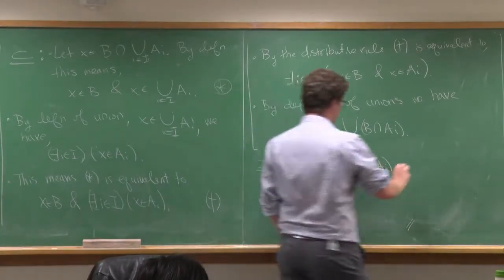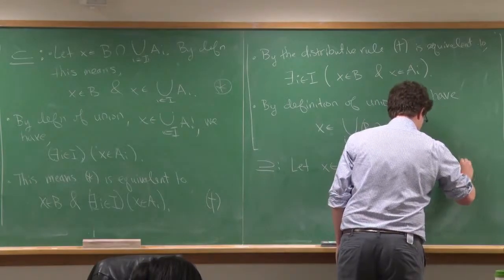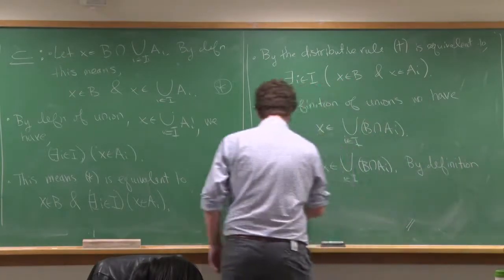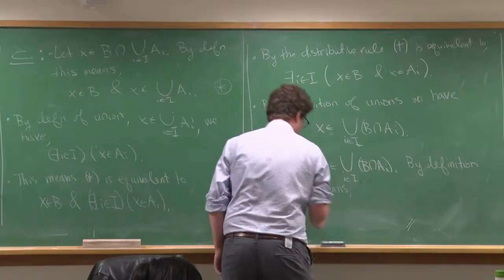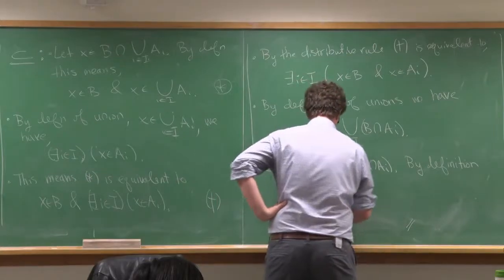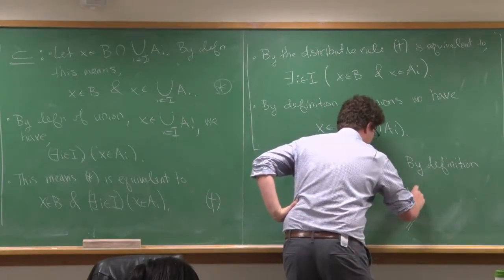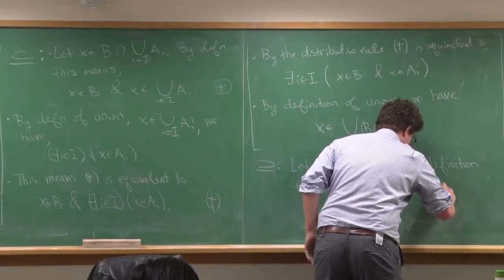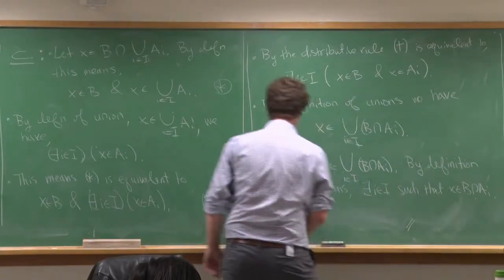So by definition, this means that there exists some I in I such that X is an element of B intersect AI. Now what am I going to say?